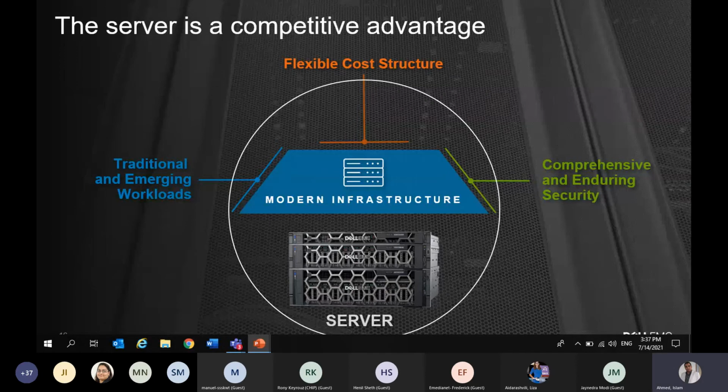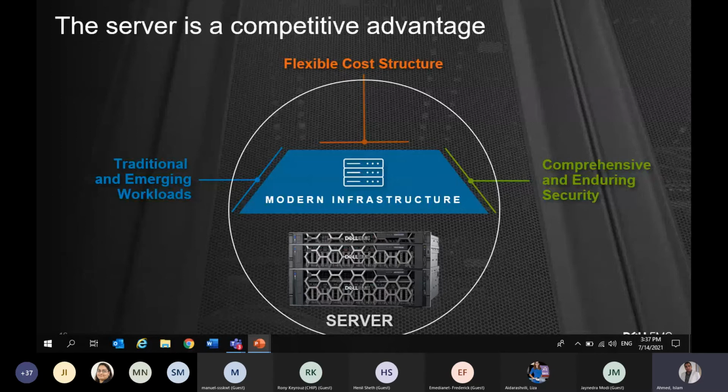The server actually is the most important component of the modern IT infrastructure and the primary source of competitive advantage for a business. One of the essential components of the modern infrastructure is the server. As a modern infrastructure, it starts to prepare to handle multitudes of workloads.